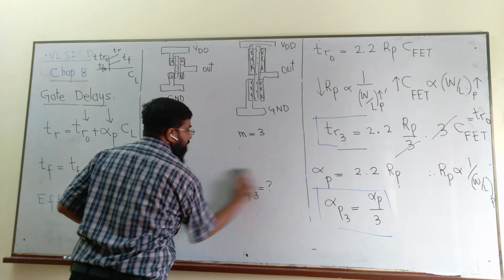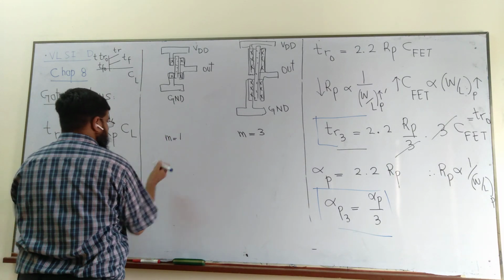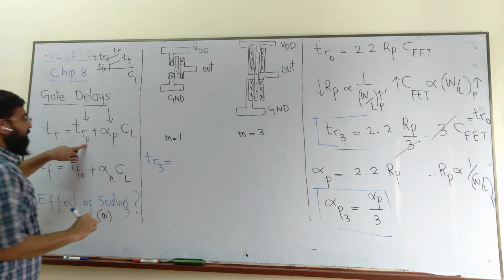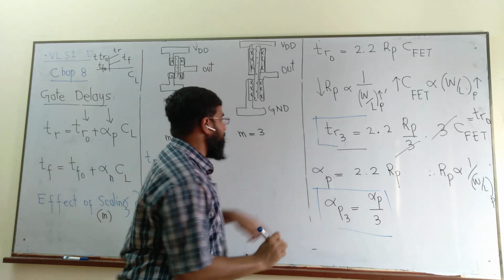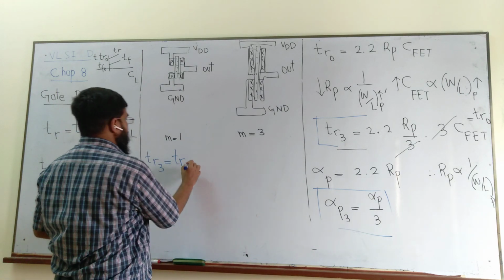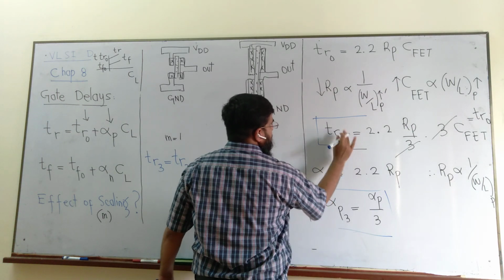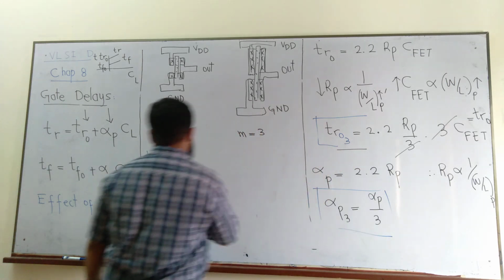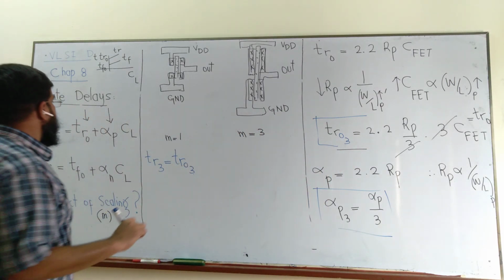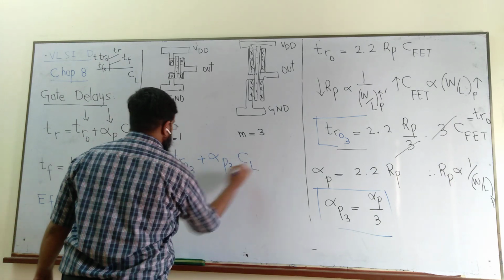So let's calculate TR3 first. TR3 is, instead of this TR0, we'll put TR03, because this is the initial value, plus alpha P3 times CL.